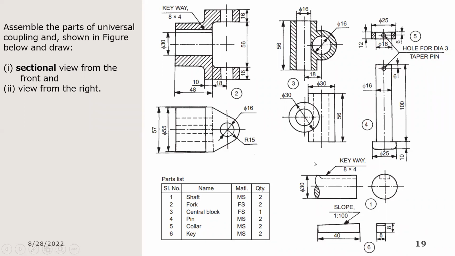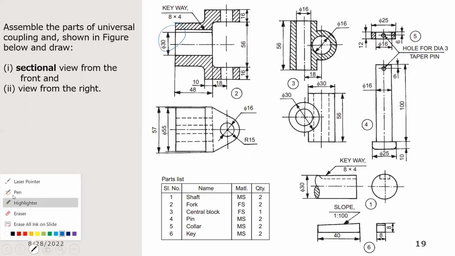Now, when you come down here and you look at this shaft, it has a diameter of 30. And the opening in the fork also has a diameter of 30. So clearly, this shaft is going to fit into this one.